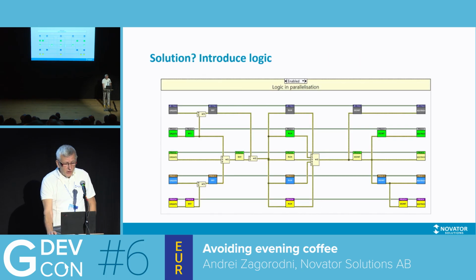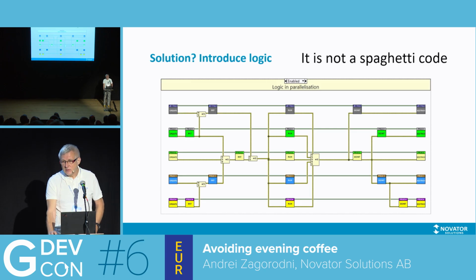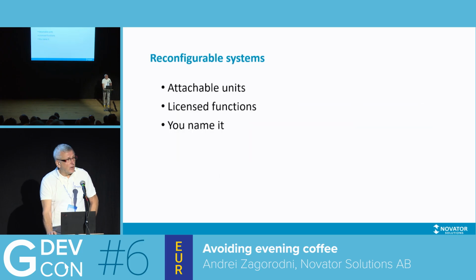What we do, we parallelize what we can parallelize. And this is, it's not a spaghetti code yet. Why? Because it's not enough. In advanced system, we have maybe attachable units or licensed units.